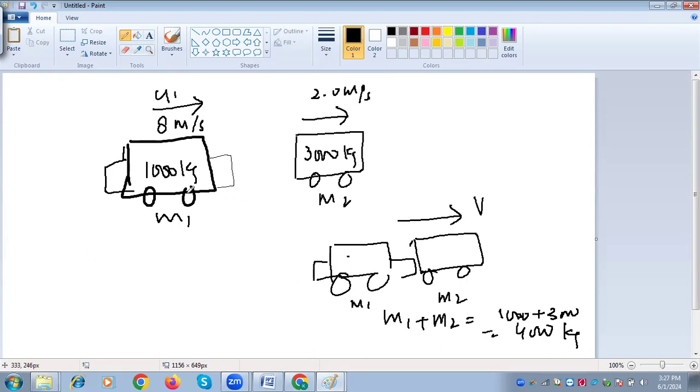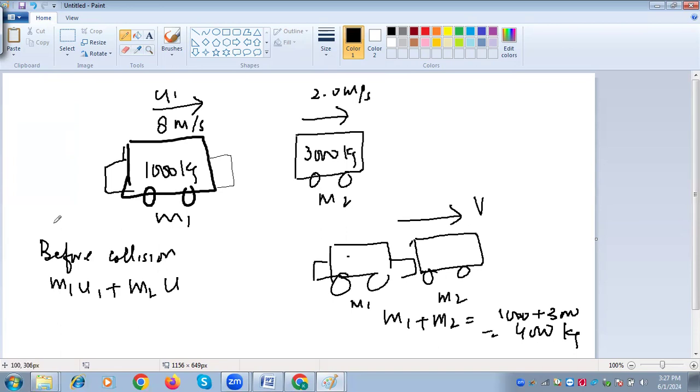So we will apply the law of conservation of momentum. Here, sign convention is not a big problem. Why? Because the two bodies are moving in the same direction and we are taking right positive. So before collision, M1 U1 plus M2 U2.